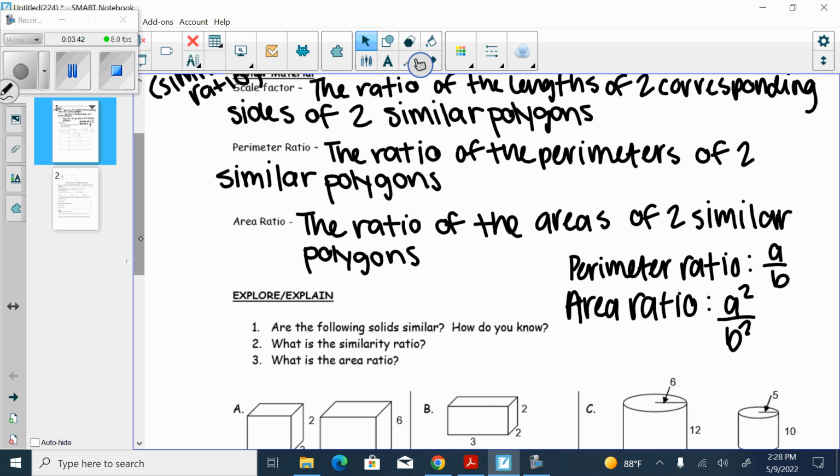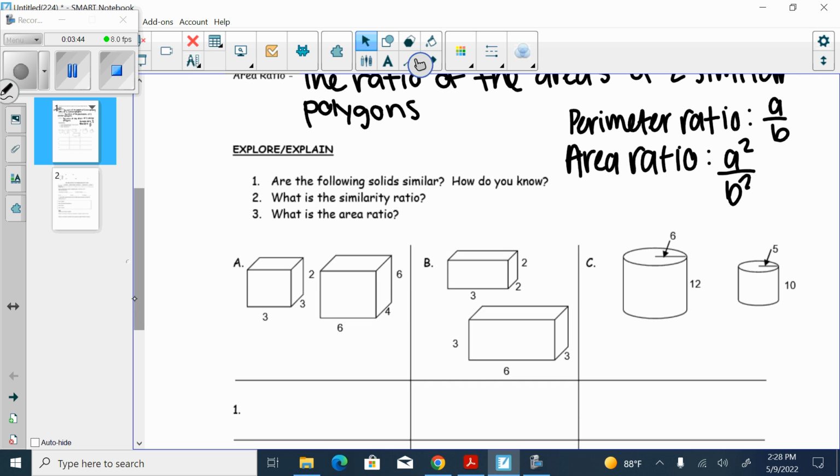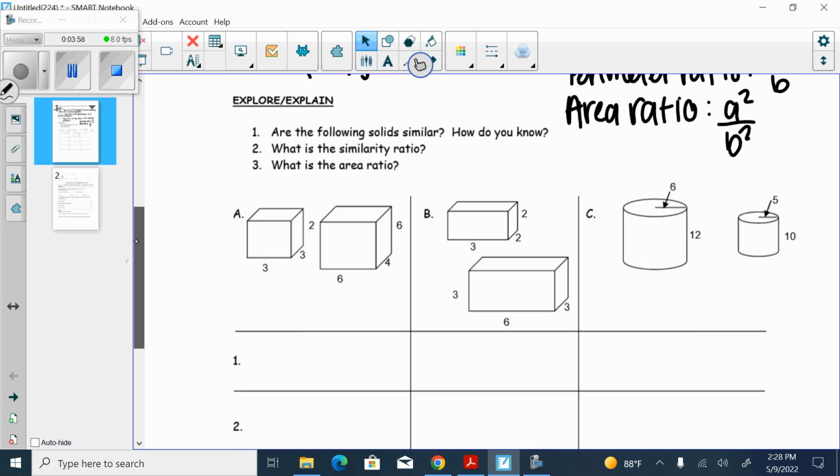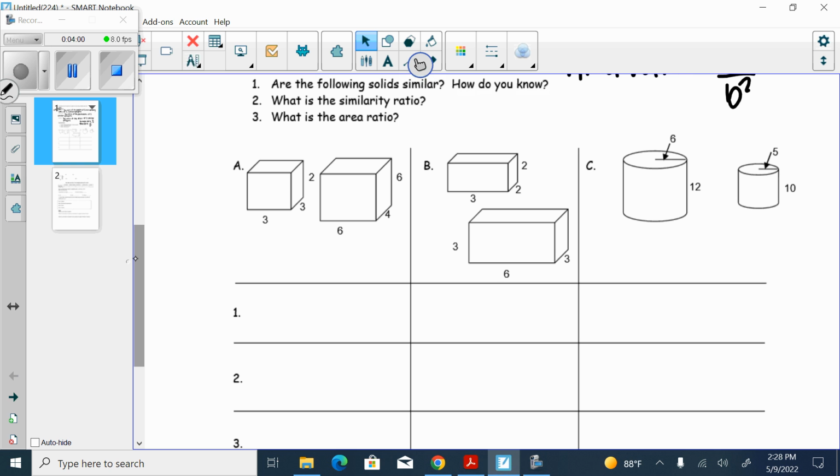Okay? So it asks for the chart below, are the following solids similar? How do you know? And then if we say that they are, they want the similarity ratio and the area ratio between the figures. Remember, whenever we're coming up with ratios for the side lengths, it has to be for corresponding sides, right?